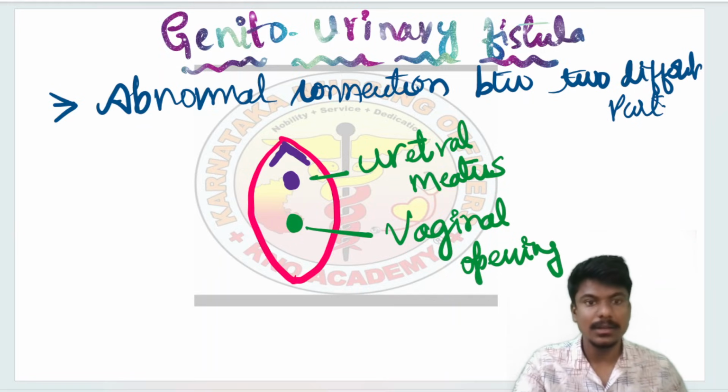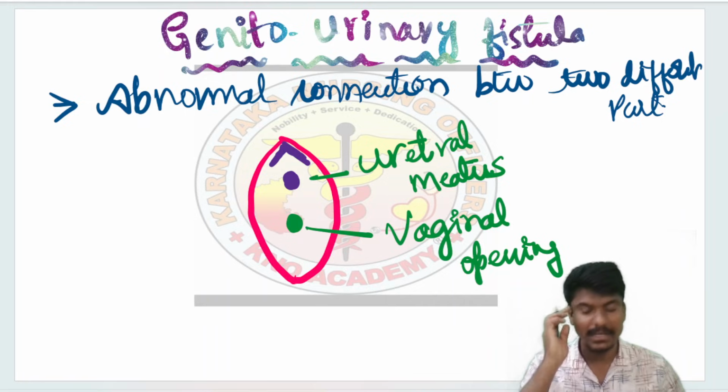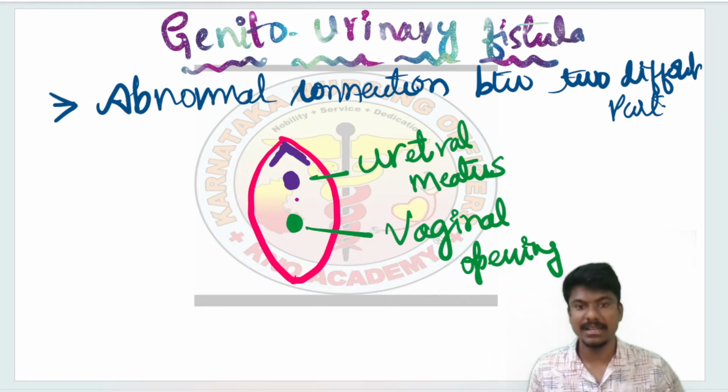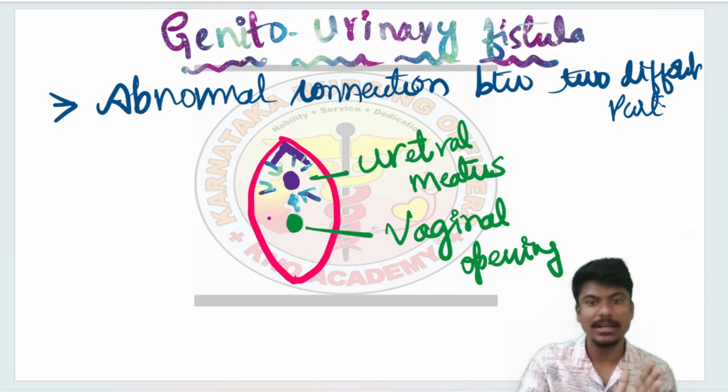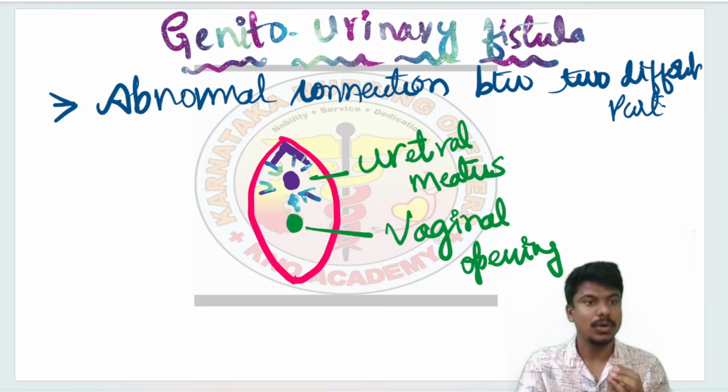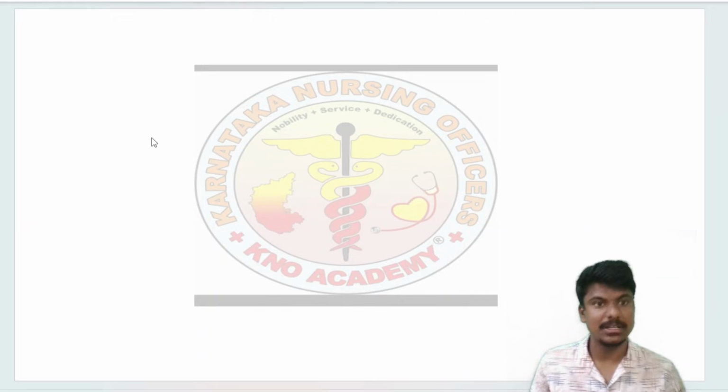So due to delivery, the baby will be coming from the vagina, so there'll be a lot of pressure on the urethra. There will be a connection between the urethra and the vagina, which is called urethrovaginal fistula.